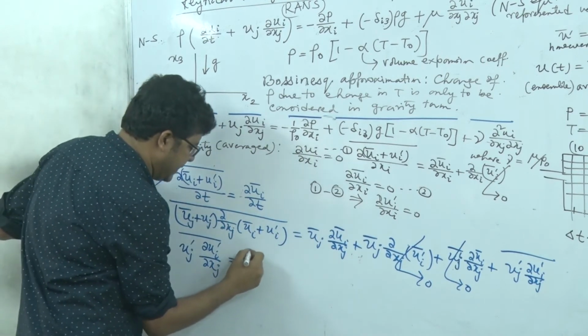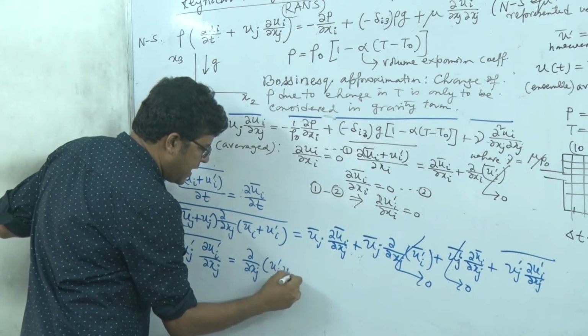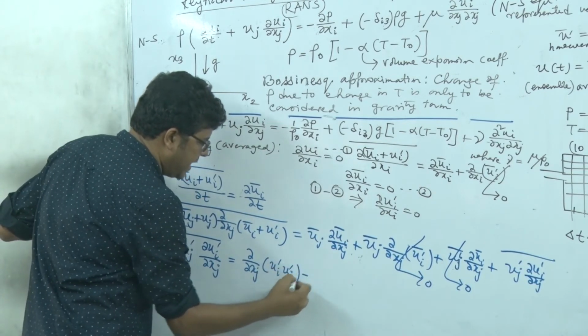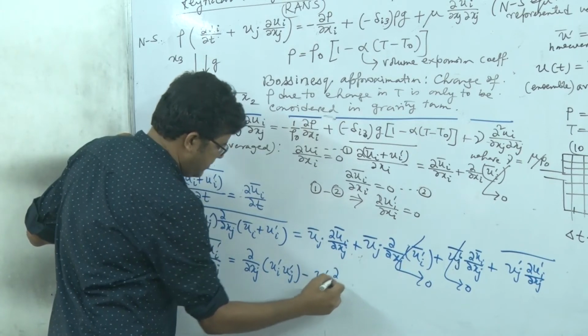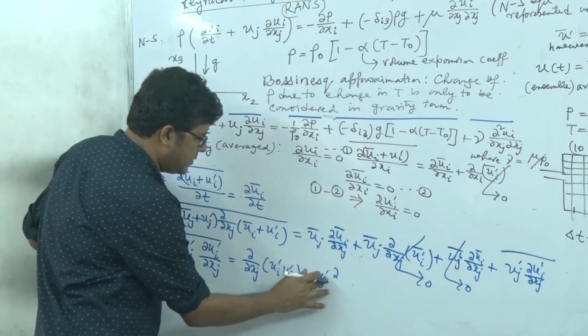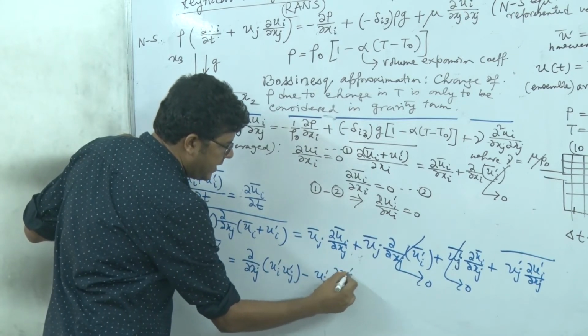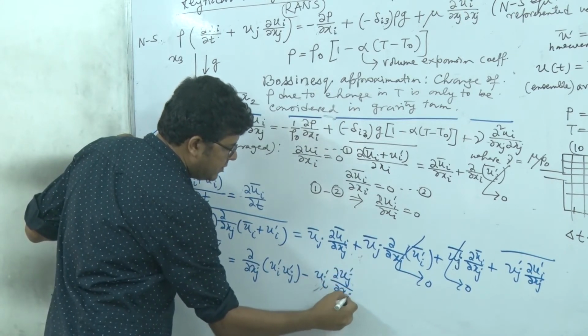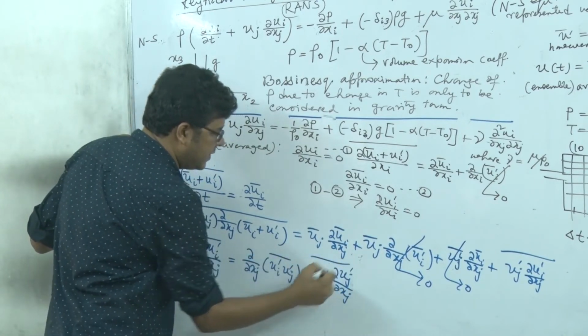You can write it as del xj of ui prime uj prime minus ui prime into del uj prime del xj, with averages on both.